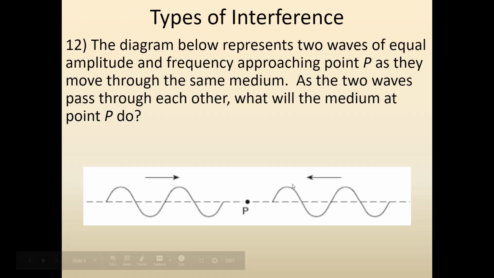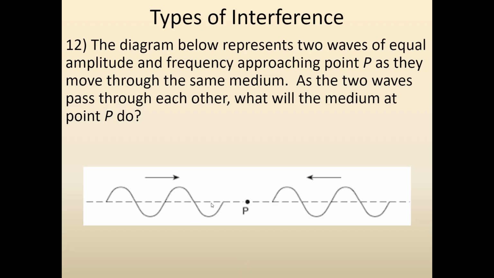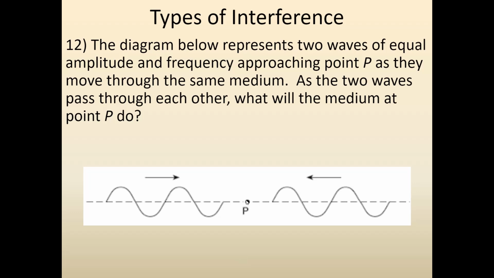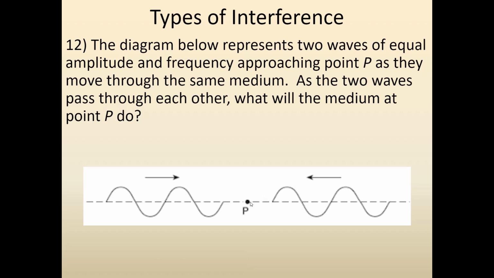This right hand wave has a crest coming towards it. I'm ignoring everything else because it doesn't matter, but a crest and a trough meeting at point P will be destructive interference. They have the same amplitude, so if they subtract, that leaves me with nothing. So the answer is point P does nothing.